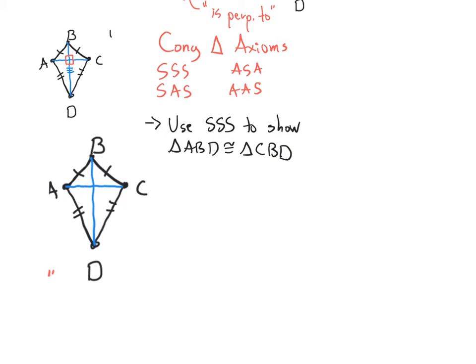So we know ABD and CBD are congruent, so let's put in some angle markings that state that. I'll use blue. We get that angle ADB is congruent to angle CDB.